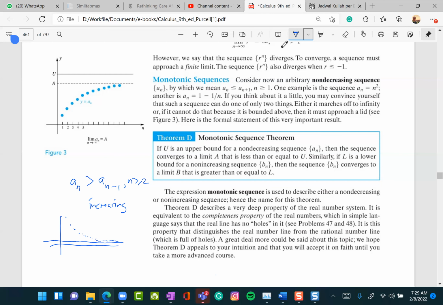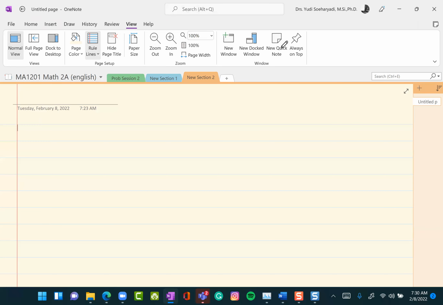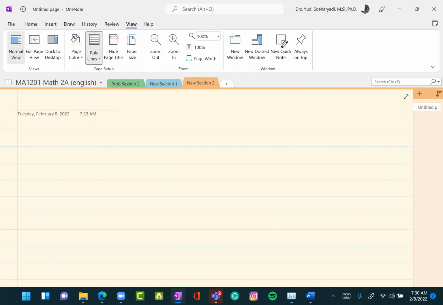Let's write this down. A monotone sequence.